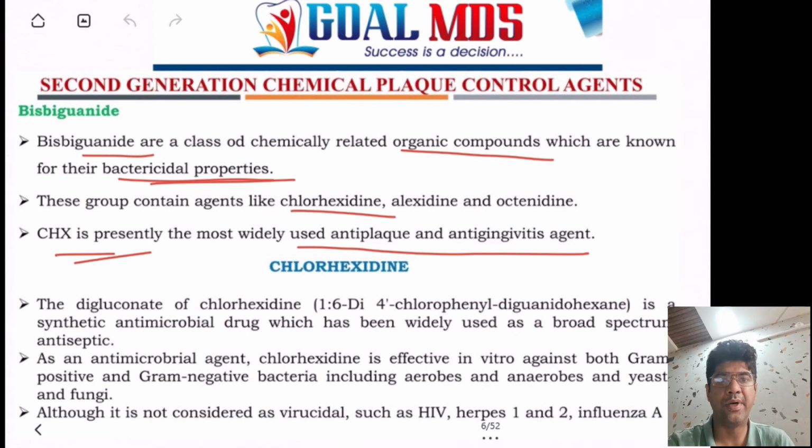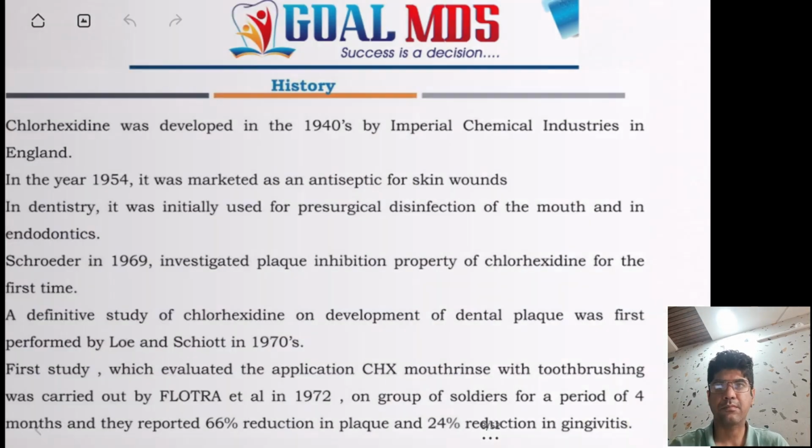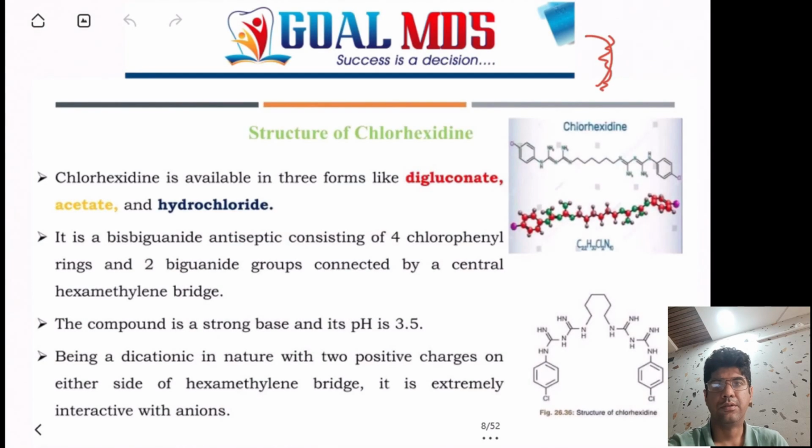It is commonly found in the form of mouthwashes, gels and other products. So chlorhexidine works by disrupting the bacterial cell membrane, which causes death of the bacteria. So it is broad spectrum. It is effective against broad spectrum oral bacteria and helps in reducing plaque formation.